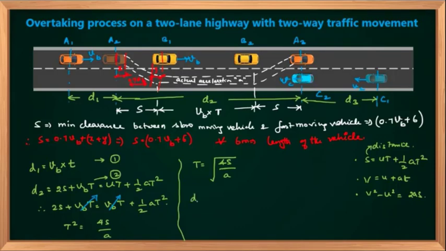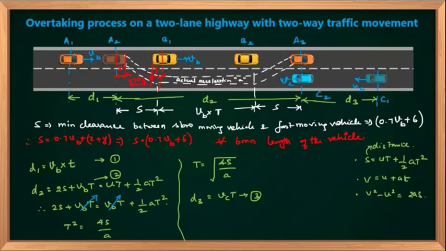Next, D3. D3 is equal to what? D3 is equal to VC into capital T, because he is also moving very fast, as no vehicle is in front of him, that's why he is going at a very fast rate.